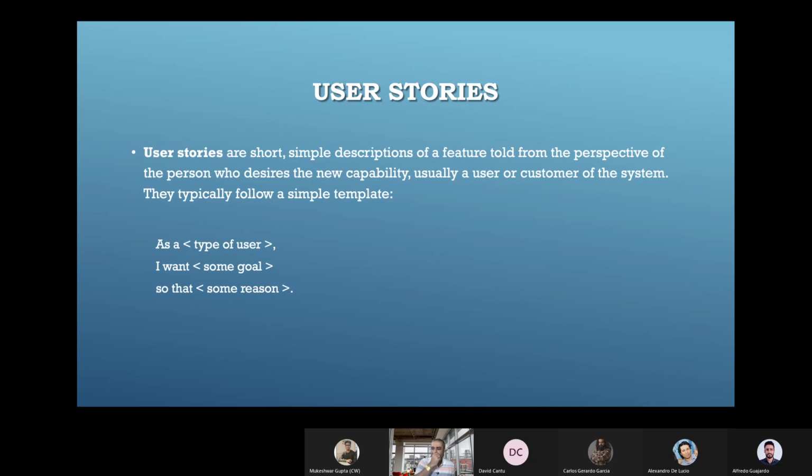That is the simple story. So this is an example of a user story, and it will be in plain English, very short but simple and descriptive.